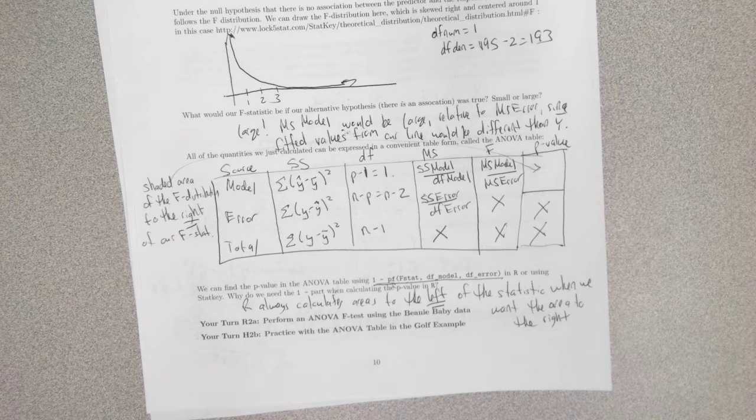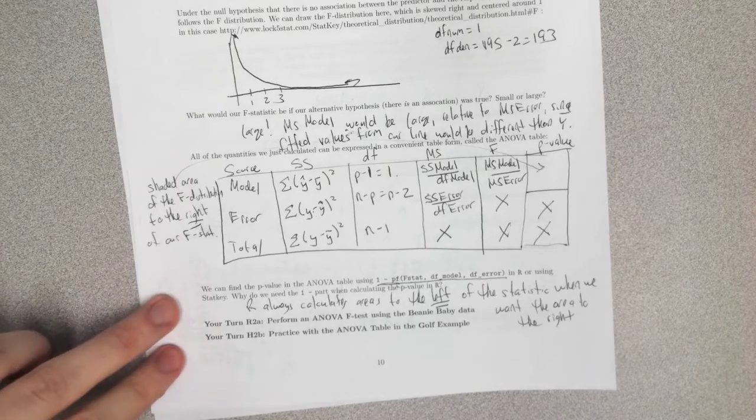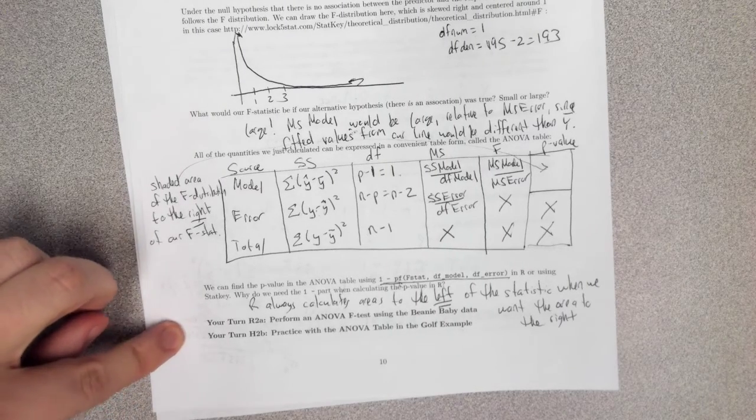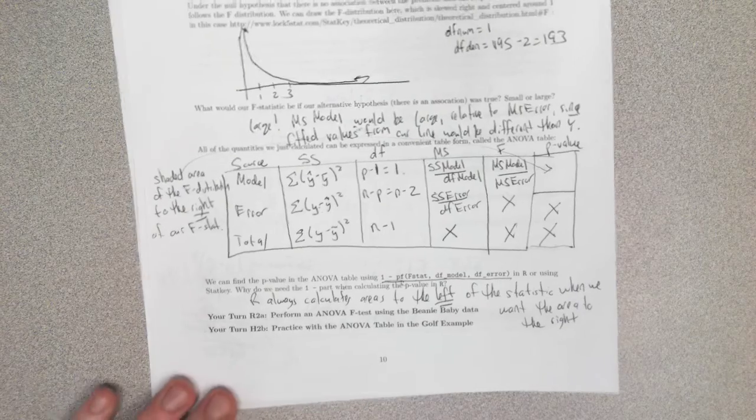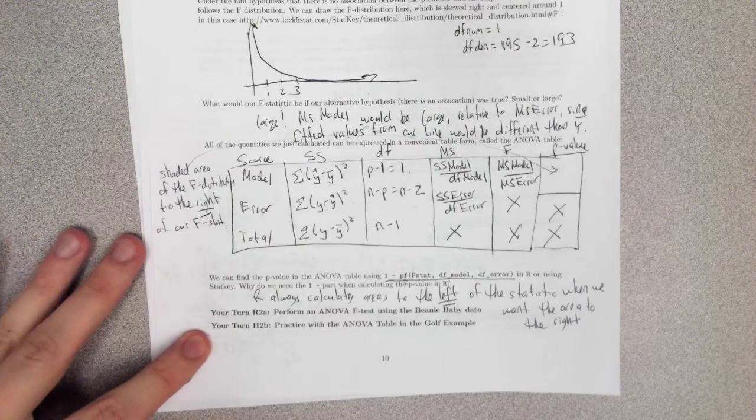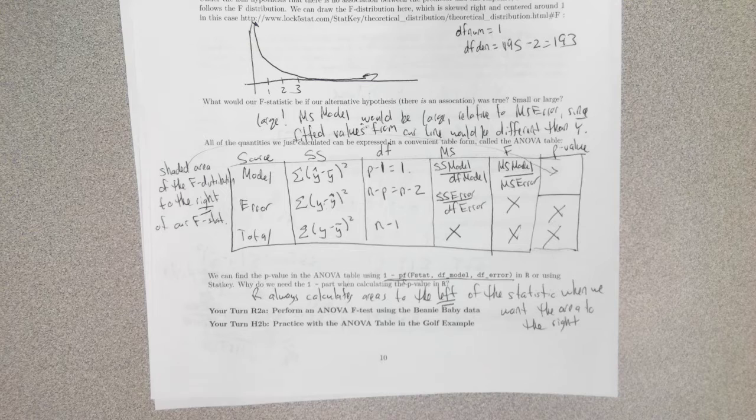But if it doesn't really make complete sense now and it's not clicking, I think it'll be really helpful to go through these examples, see this ANOVA F-test in R, and see what this ANOVA table looks like in our golf example, so you'll get a second example of practice with a practical data set that I think will help make sense of the different components. As always, definitely let me know if you have any questions, and we will pick up with some confidence intervals and some prediction intervals next.